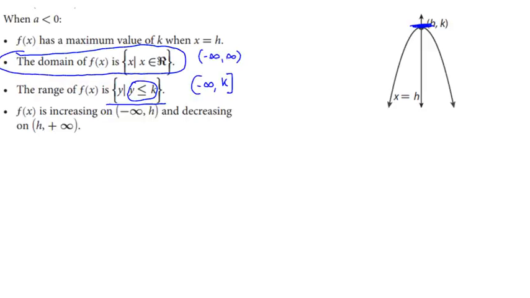Okay, let's go on here. We have f of x increasing from negative infinity to h, and decreasing from h to positive infinity. So increasing all the way up to x equals h, and decreasing all the way after x equals h.